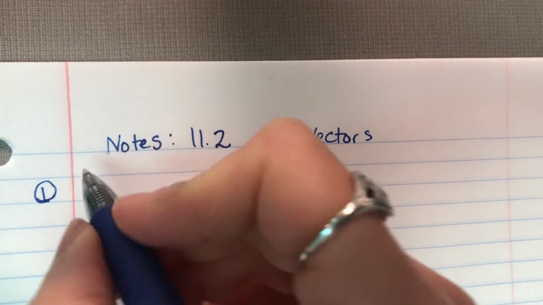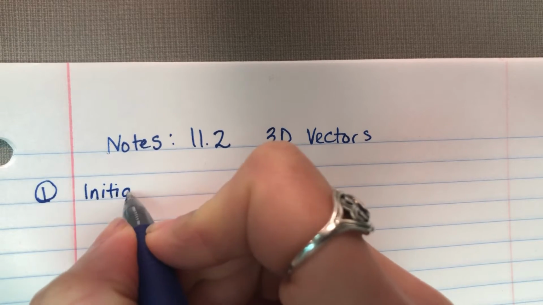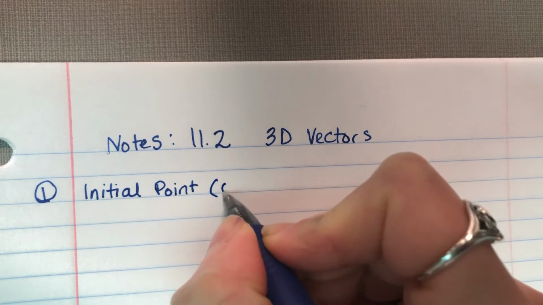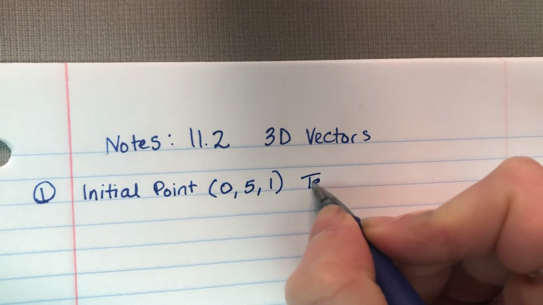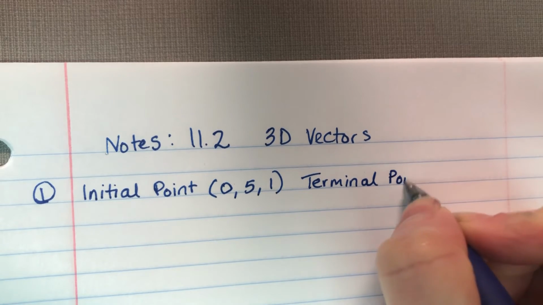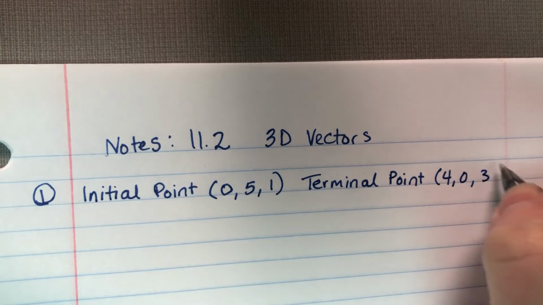For our first problem, it's going to give us an initial point for our vector of 0, 5, 1, and a terminal point of 4, 0, 3.